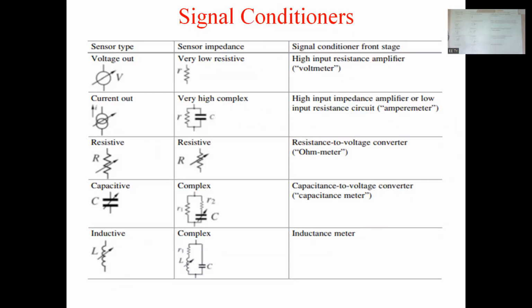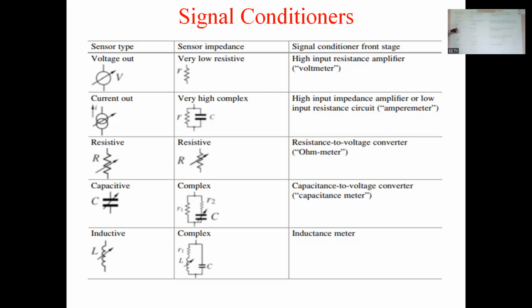We will interface an amplifier, so a low level signal can be converted to high level, and the amplifier has a high input resistance. So this is the interfacing of the signal conditioner with this type of sensing element output. If the output of the sensing element is voltage, we have to connect the interfacing circuit.